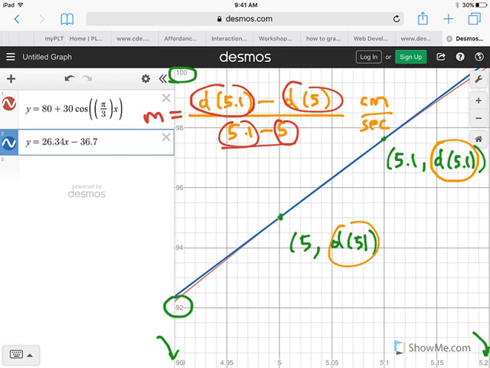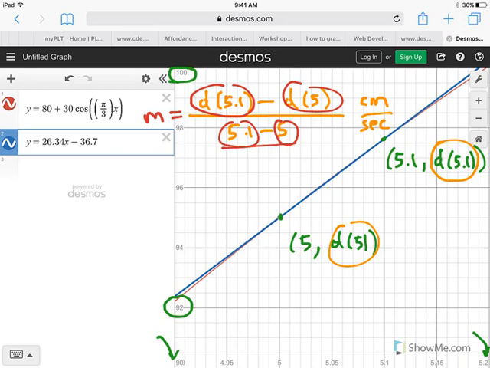In part 3 of the extension, it says write an equation for the line passing through the 2 points from part 2. Graph the function d is equal to 80 plus 30 times cosine of pi over 3t, and the line passing through the 2 points from number 2 on the same set of axes. You may use a graphing calculator.